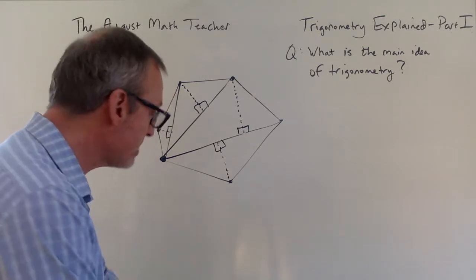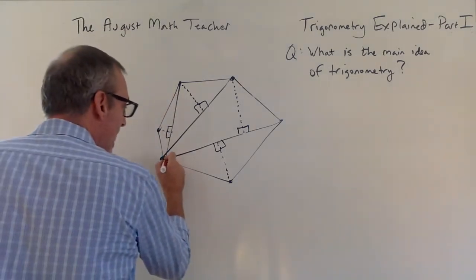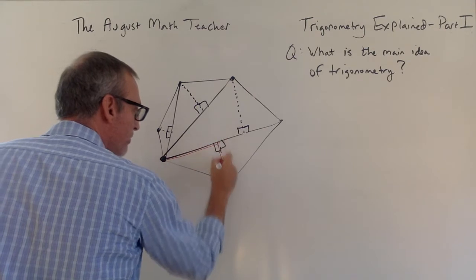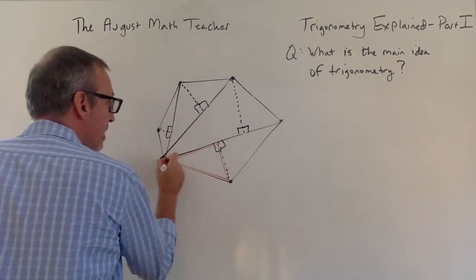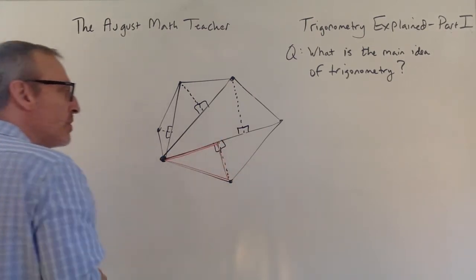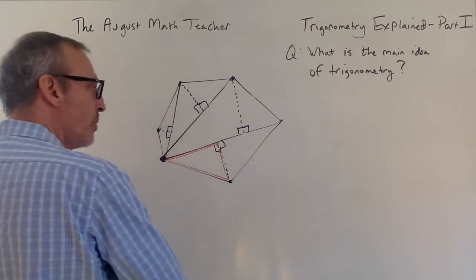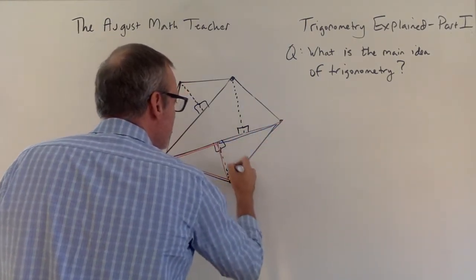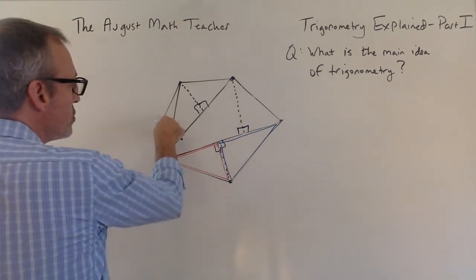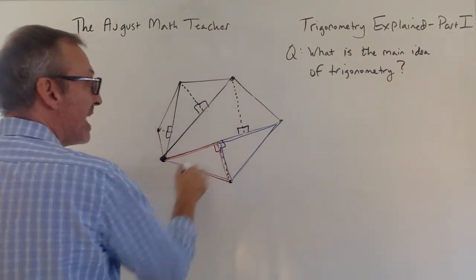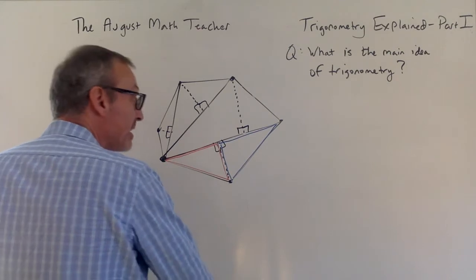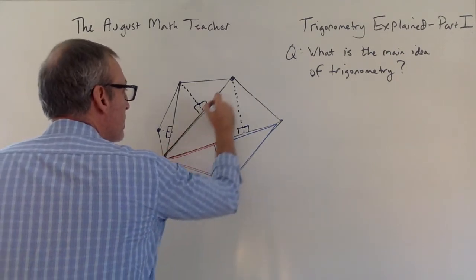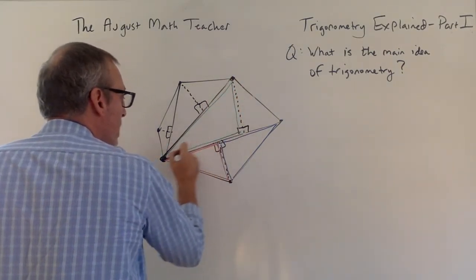And what this means is that I have just taken this 6-sided polygon, this hexagon, and I have divided it up into 1, 2, 3, 4, 5, 6, 7, 8 little triangles, and they are all right triangles.